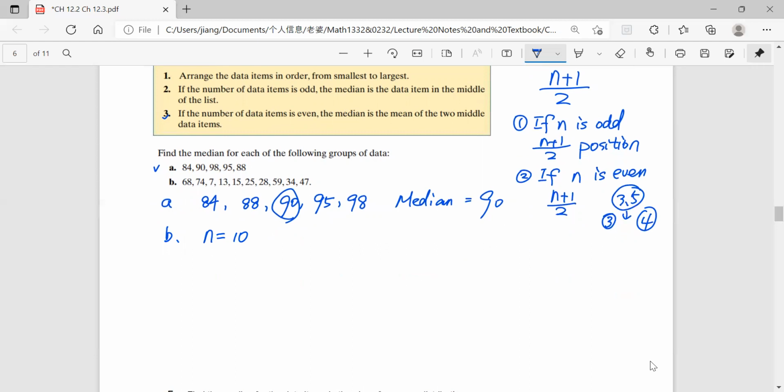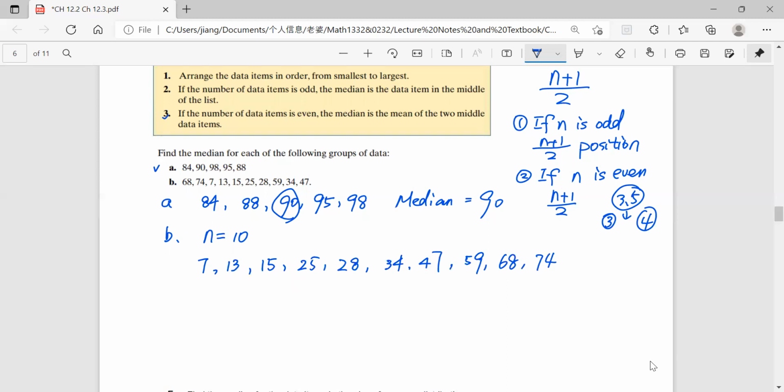So the smallest one is 7, 13, 15, 25, 28, 34, 47, 59, 68, 74. Let's see if we have 10 data items: 1, 2, 3, 4, 5, 6, 7, 8, 9, 10. Yes, we have 10 data items.